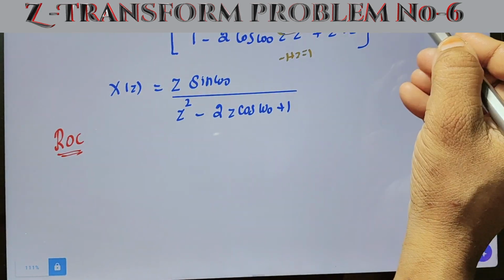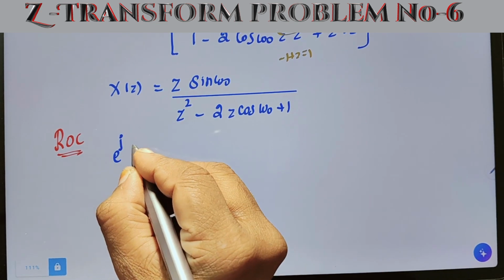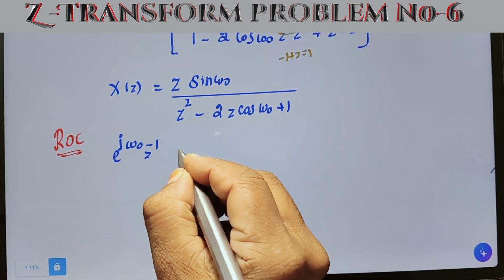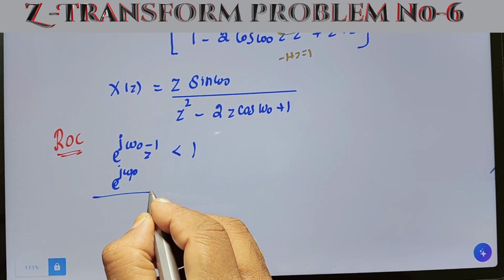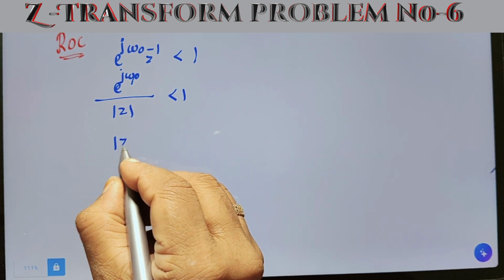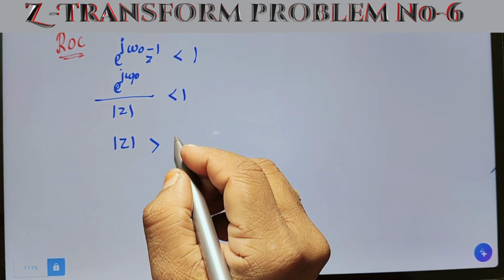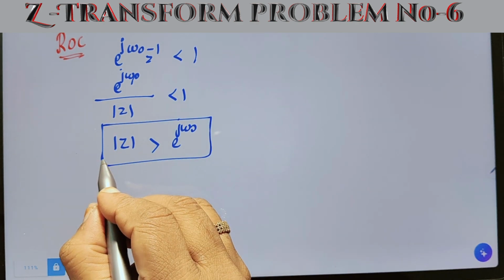So select that particular value: e power j omega naught z inverse less than 1. So e power j omega naught divided by modulus z less than 1, so modulus z greater than e power j omega naught. This is for one ROC.